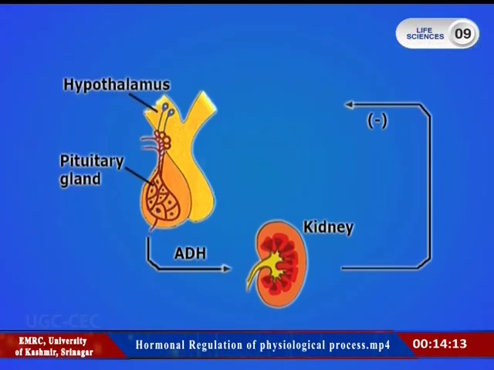The main stimulus to ADH release from the pituitary gland is an increase in plasma osmolality, which is detected by osmoreceptors, that is water receptors, in the hypothalamus. ADH released from the posterior pituitary acts on the kidney.